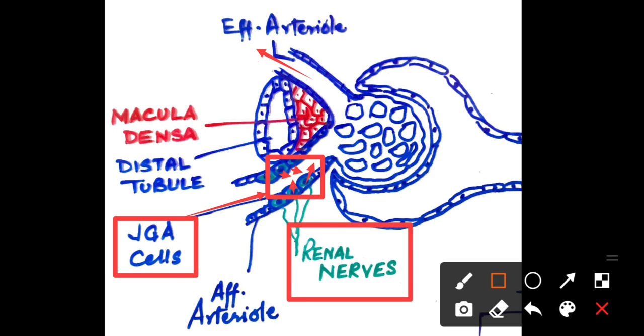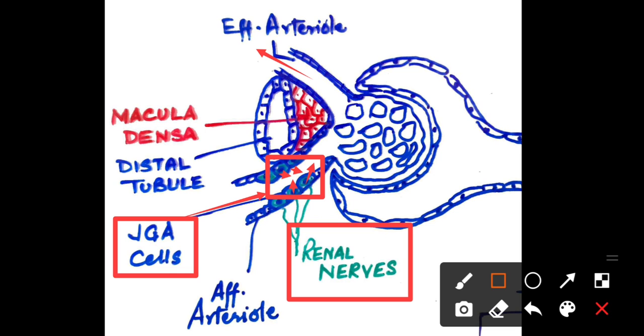Now angiotensin 2 can go for the second route also. It stimulates the adrenal cortex, which in turn produces aldosterone.